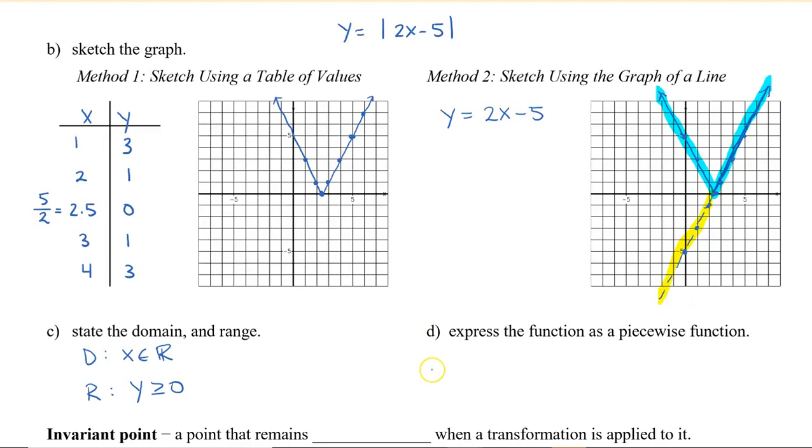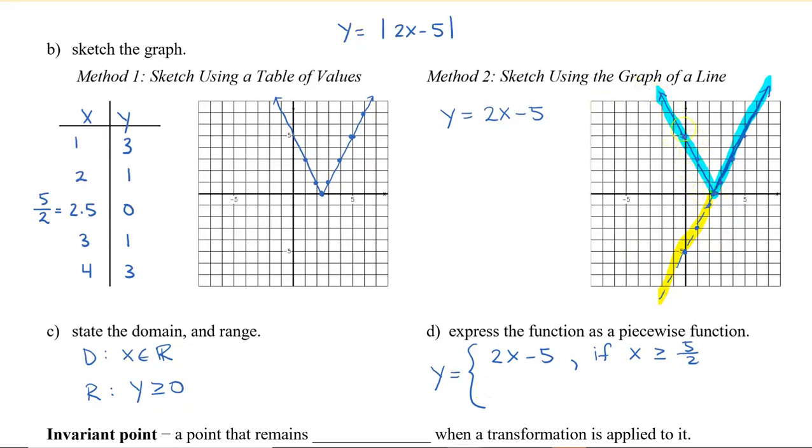And let's do this new part here. Let's express this as a piecewise function. Now, one way we can do this is we'll start off with the function that we already have, which is 2x minus 5. So I'm going to write that first. And this occurs if x is greater than or equal to 5/2, which is this point here that defines the right side and the left side of the absolute value.